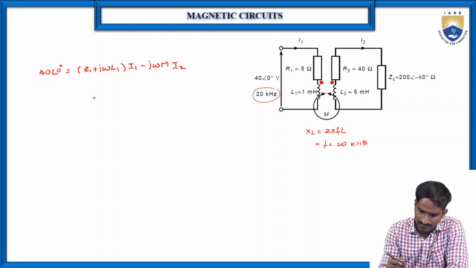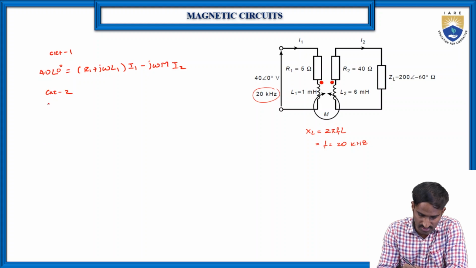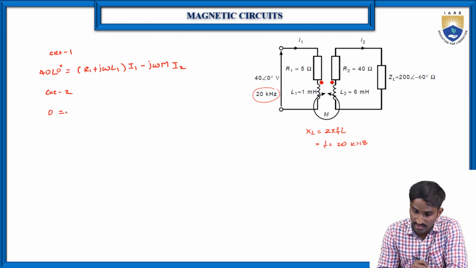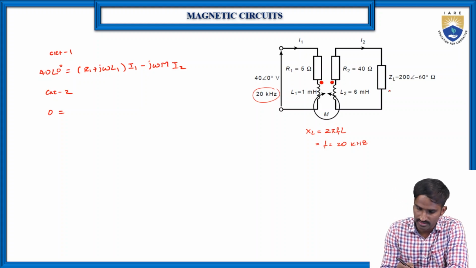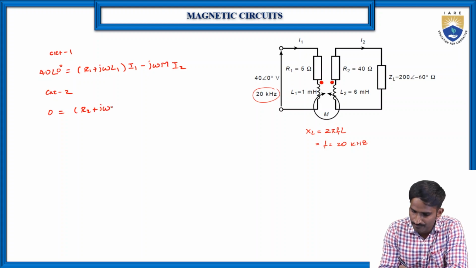In a similar way for the second circuit, the equation is set to 0: 0 equals R2 plus J omega L2 plus ZL into I2, minus J omega M into I1.